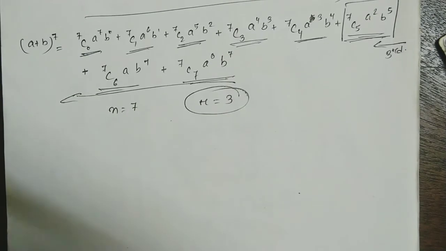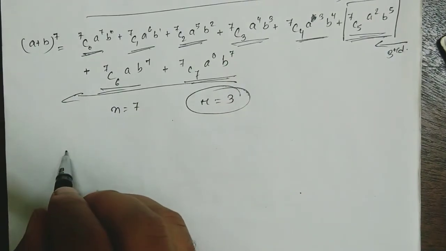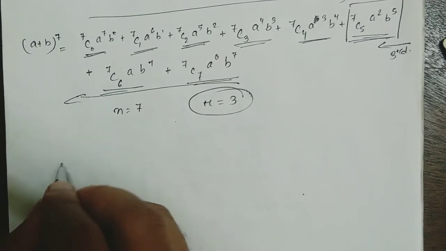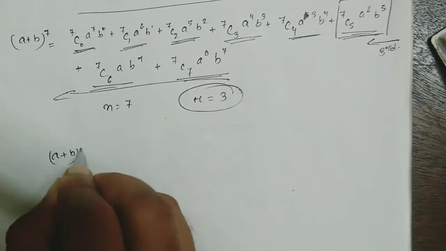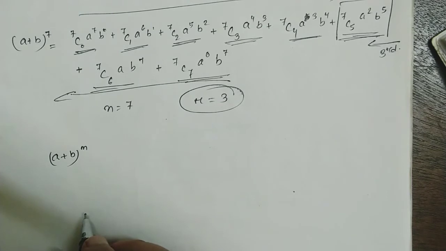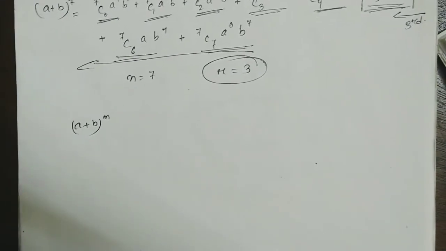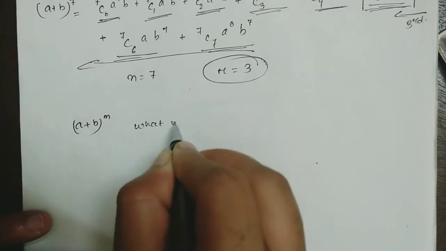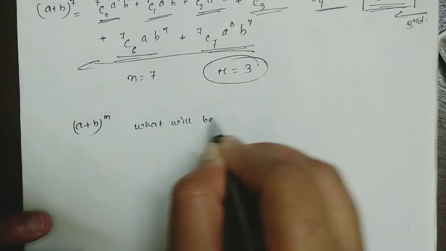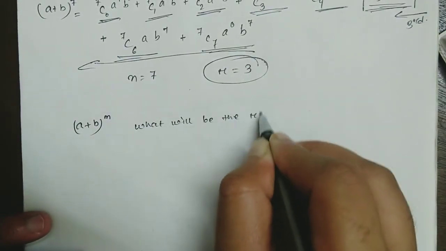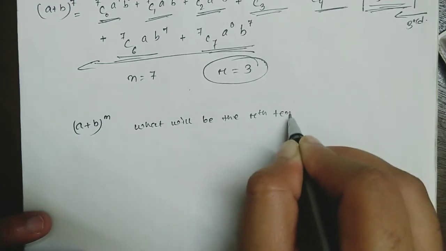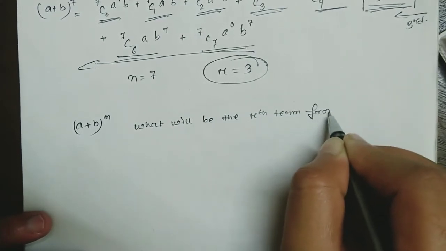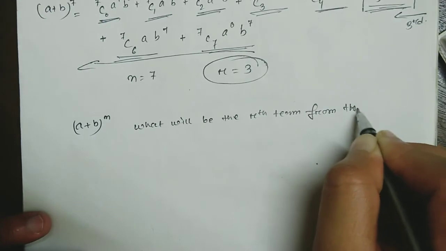So let us say a plus b to the power n is there, and in such case what will be the rth term from the end?